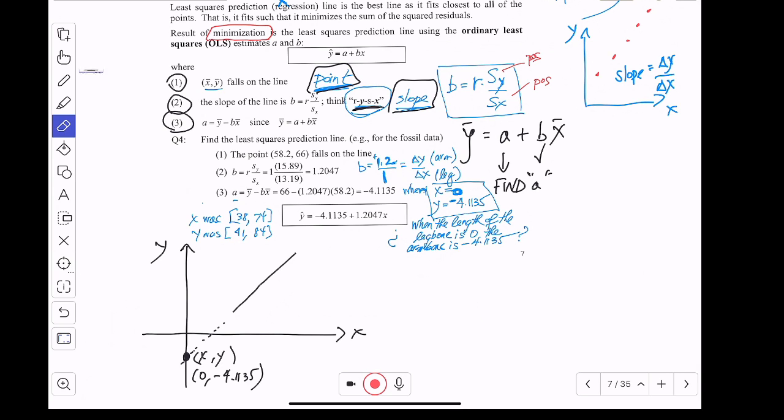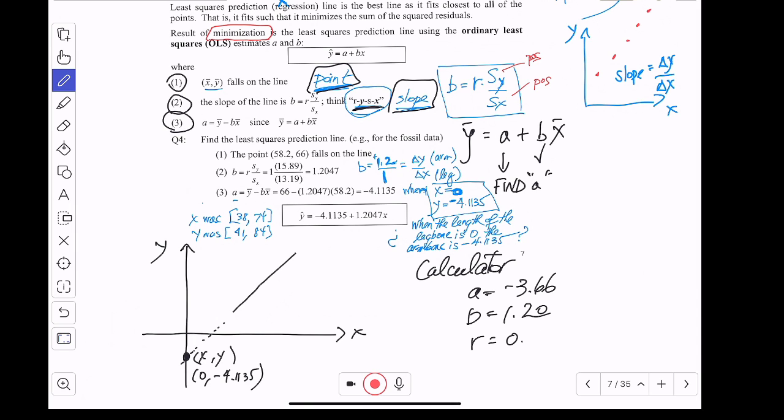So in my calculator, it's a little different because it doesn't round like we did. But similar, right?